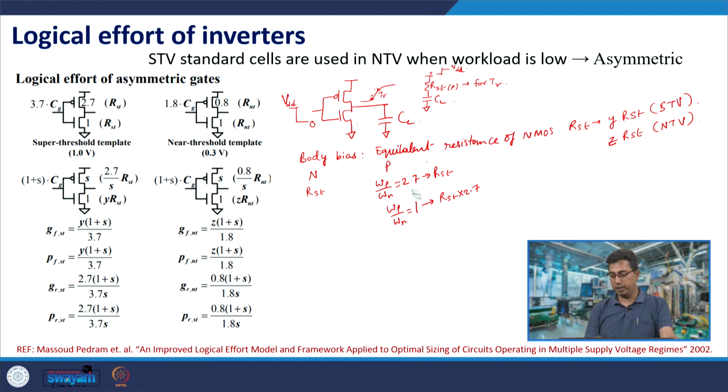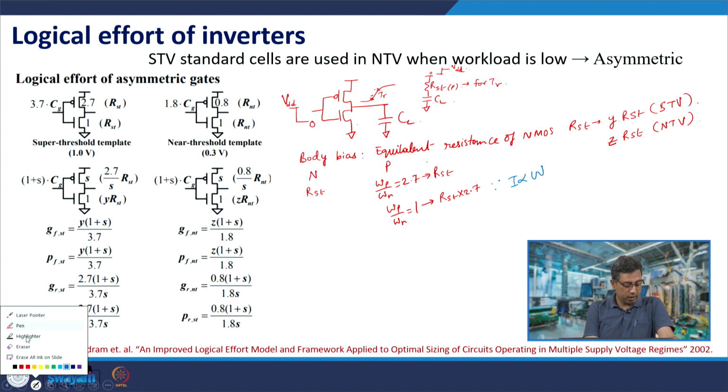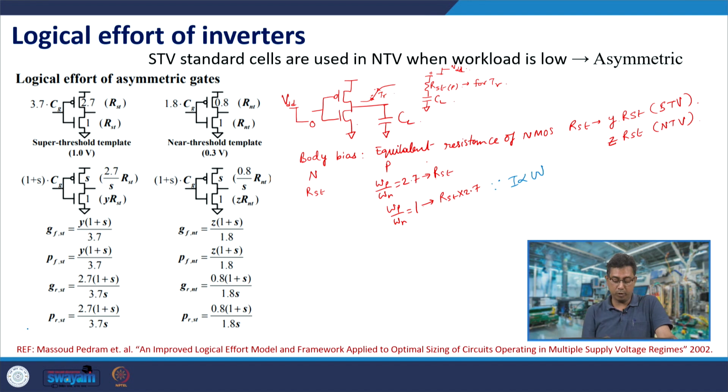This is because current is proportional to the width of the device, and therefore, for the same terminal voltages the current would reduce by 2.7 times. It means equivalent resistance has increased by 2.7 times.